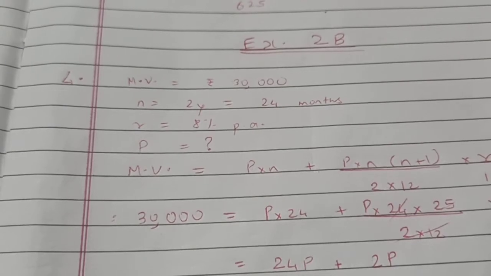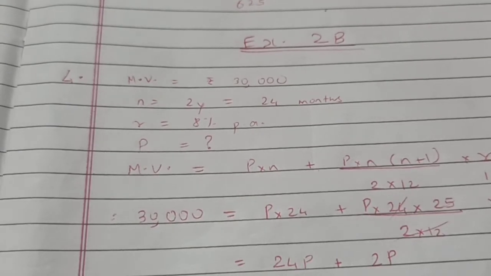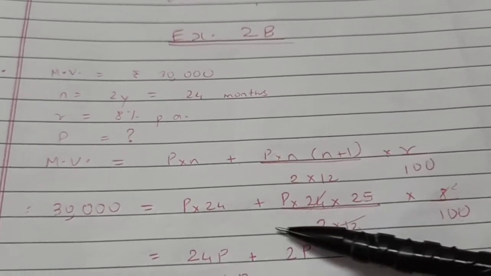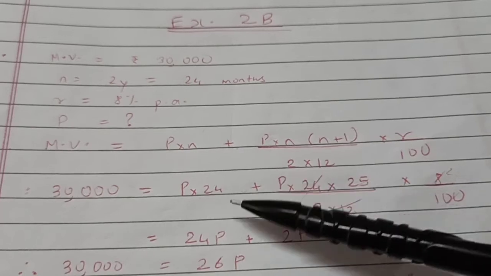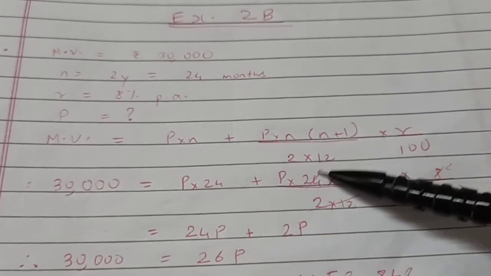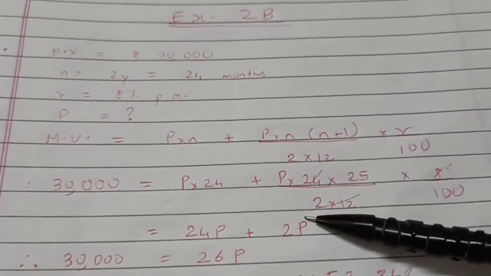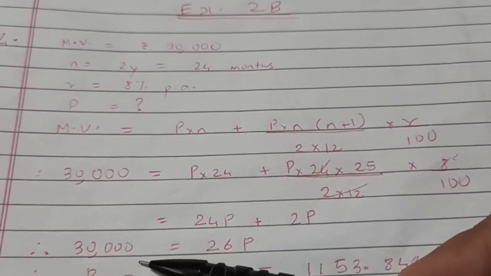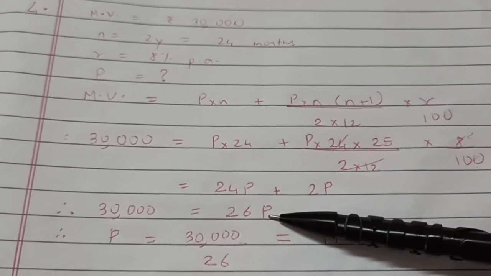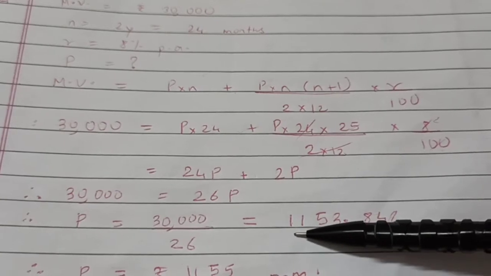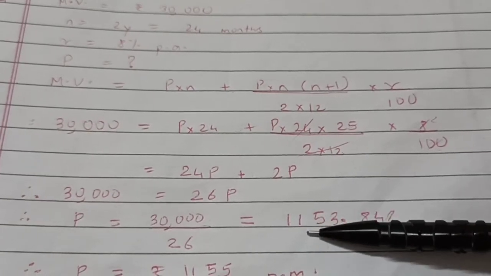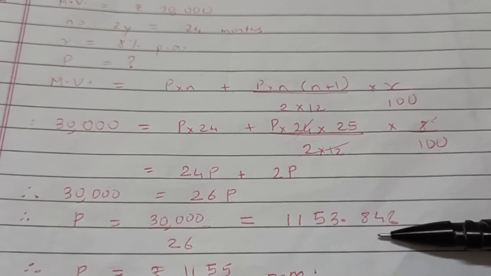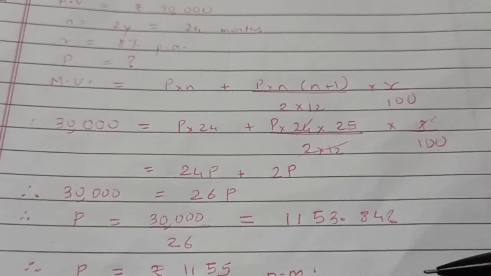But instead of assuming P as rupees 100, this time let me use a direct formula and solve. So I see that in the formula P is present at 2 places, here and here. That's fine because after substituting the values and cutting, we will get the equation 30,000 is equal to 26P, and we'll get the value of P as rupees 1153.846.